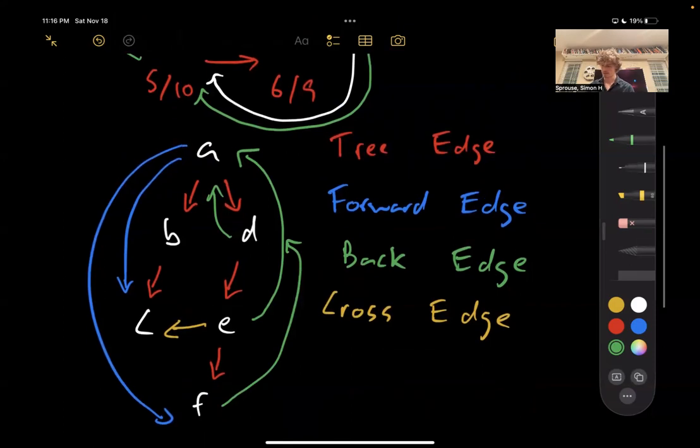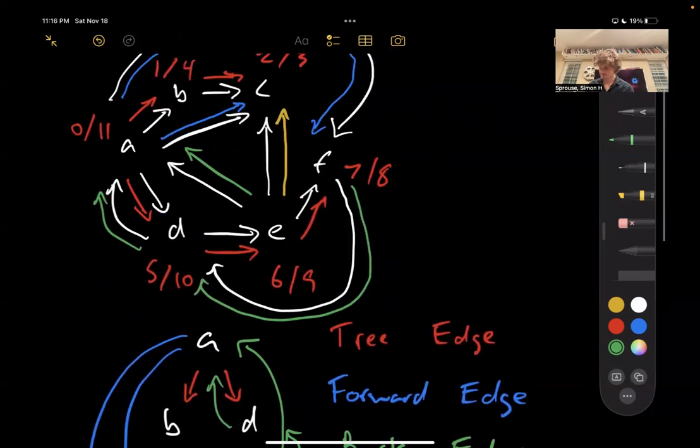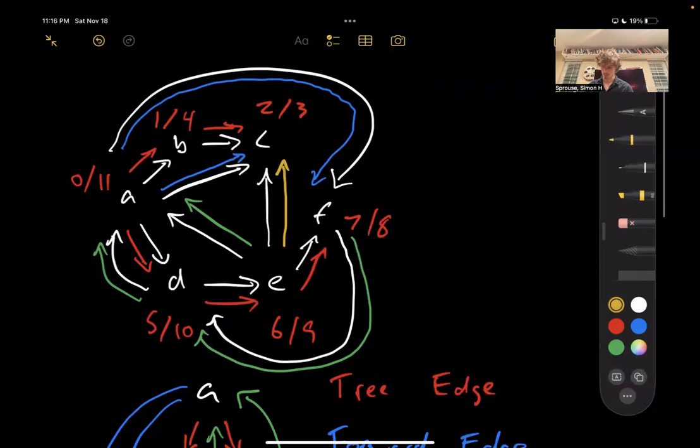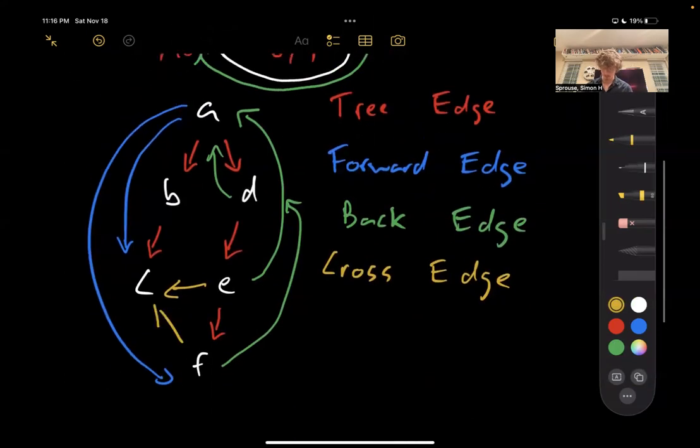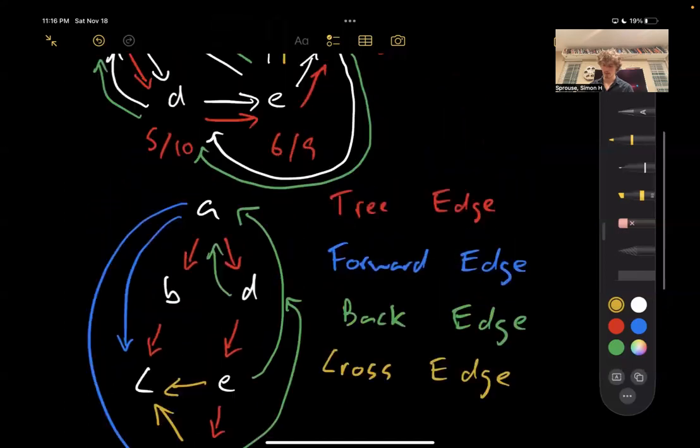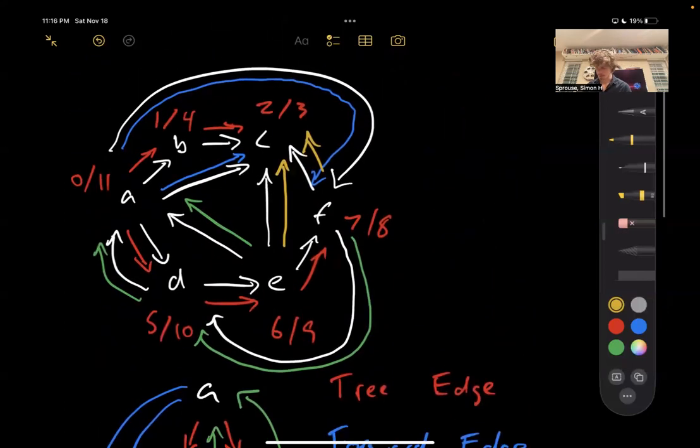And let's get even more silly, and let's add some cross edges. So what if F pointed to C? Well, this is a cross edge, right? So F pointing to C, it's a cross edge. Let's imagine, what if B pointed to E?